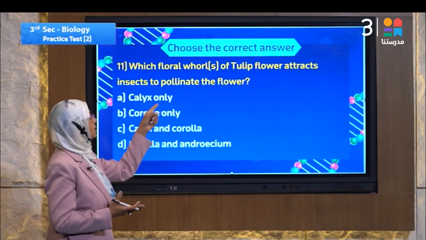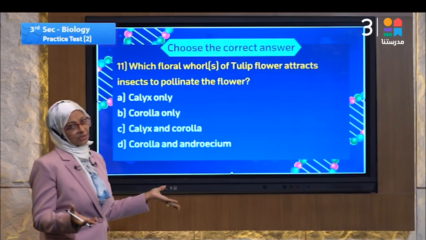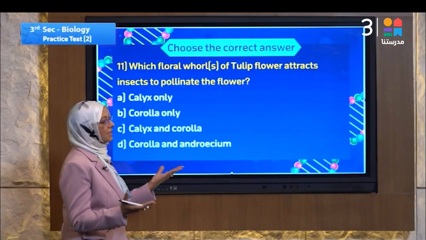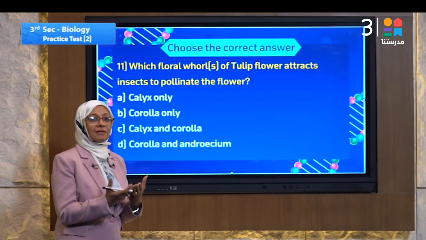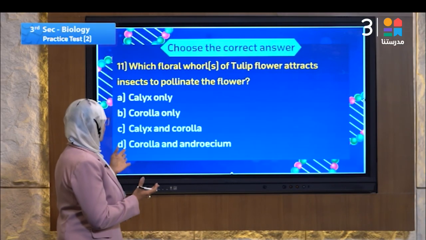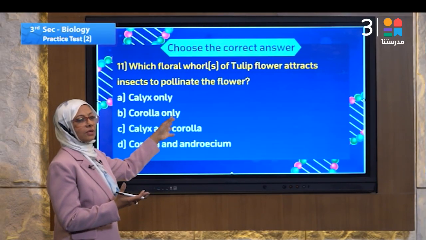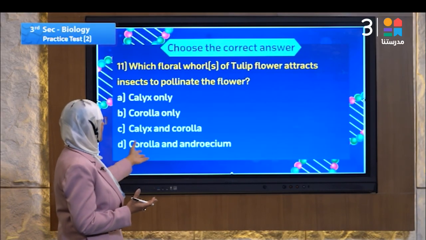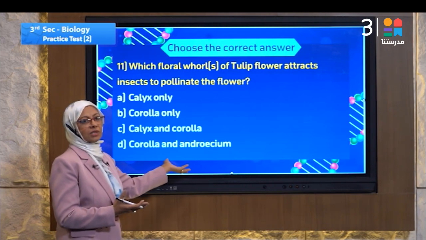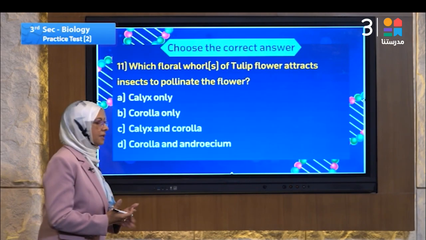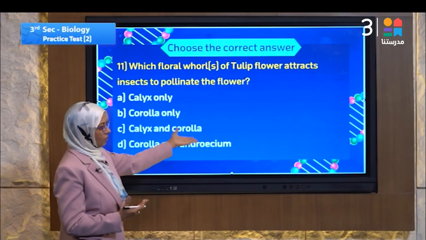But in tulip, I don't think so. Calyx and corolla are attached together to make another role. It's colored in tulip only, and in other types of flower, corolla and androecium. Androecium does not have any color. So the answer must be calyx and corolla.